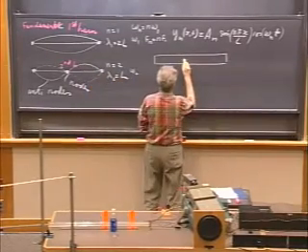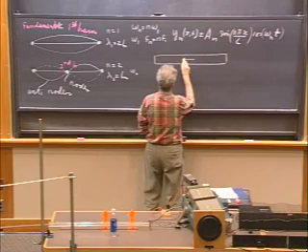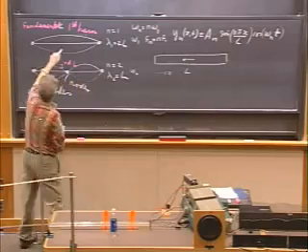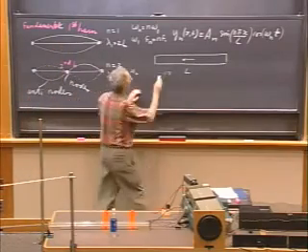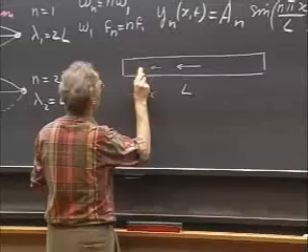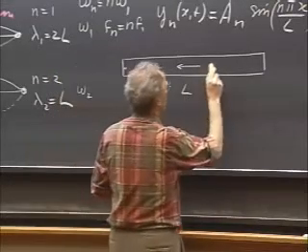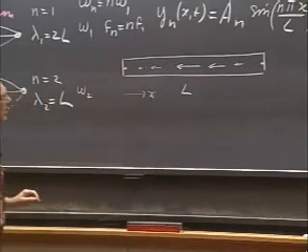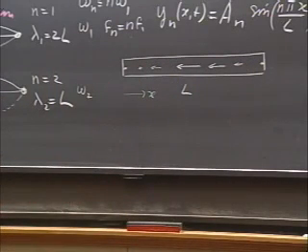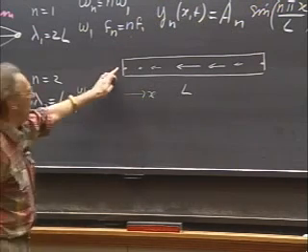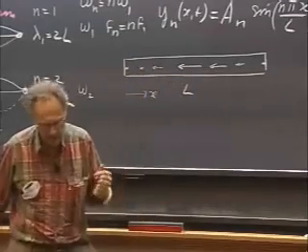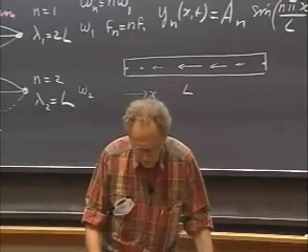So in the lowest mode, that means in the fundamental, in the first harmonic, in the middle the motion would be very large, and then it's a little smaller, and here it would stand still, and here it's a little smaller, and here it stands still. So therefore, in terms of psi, which is the position of the molecules, this would be a node, and this would be a node, and this would be an antinode in the case of the first harmonic.